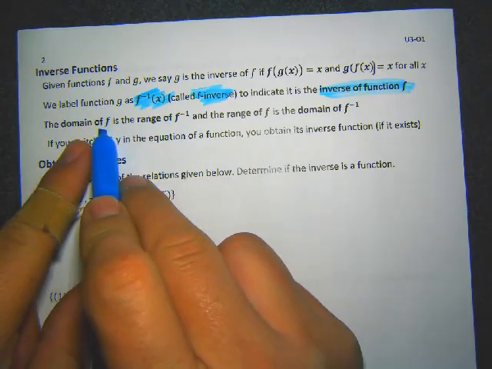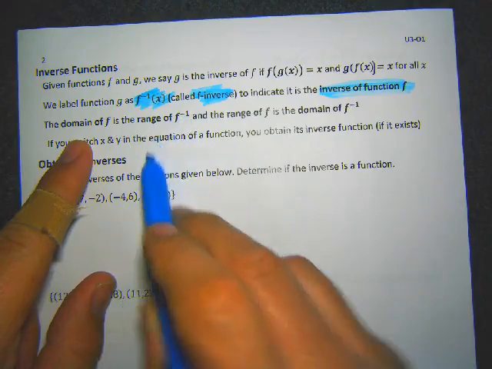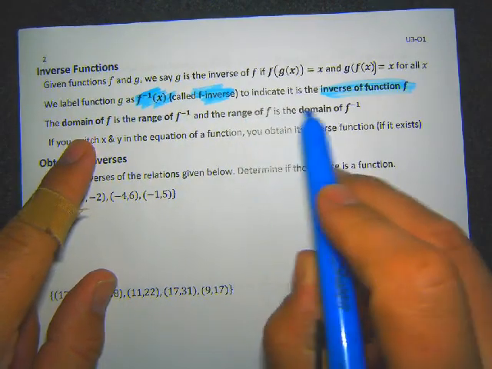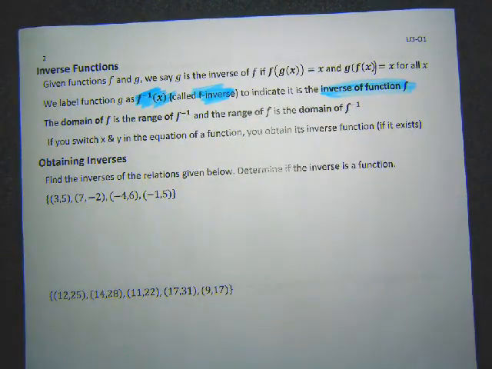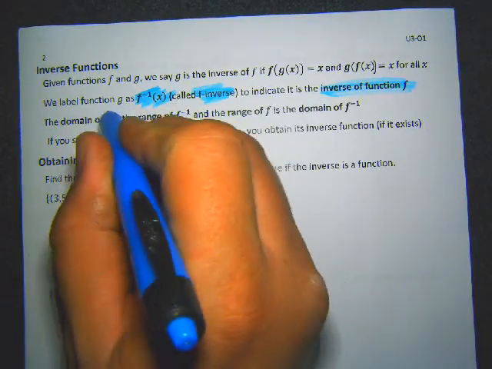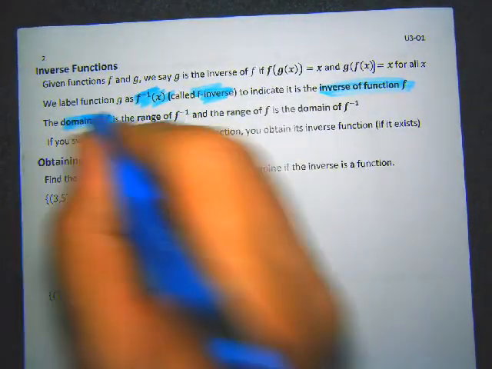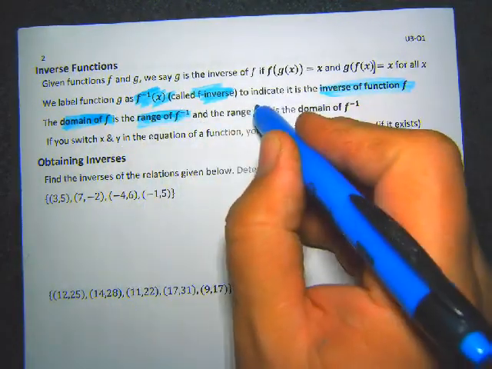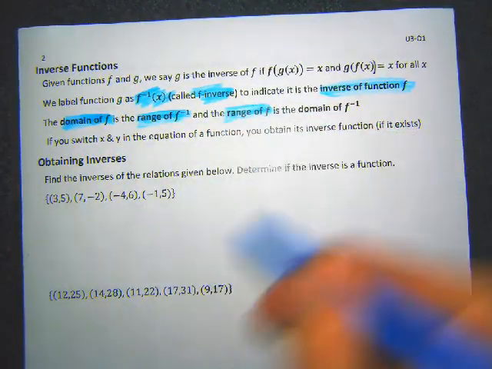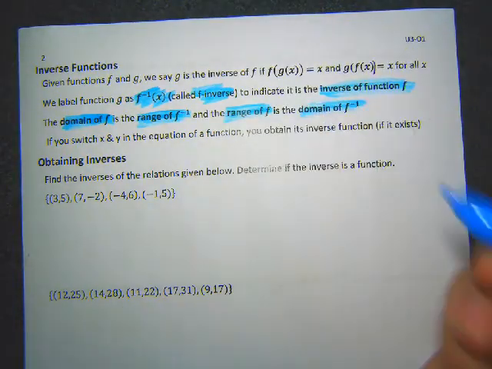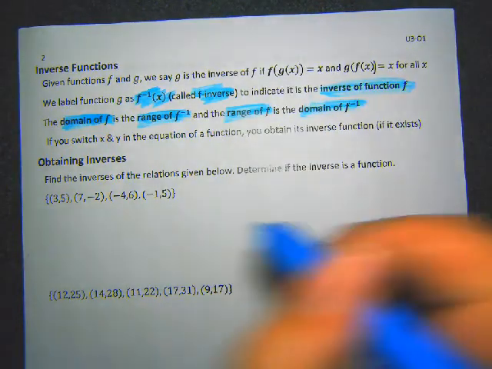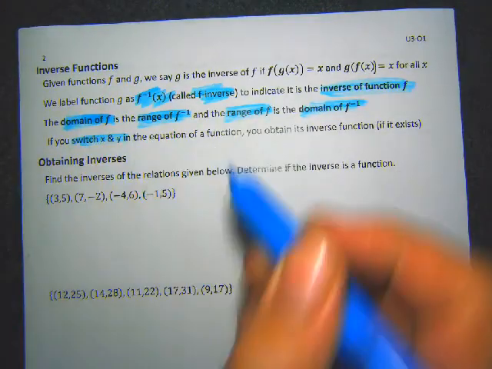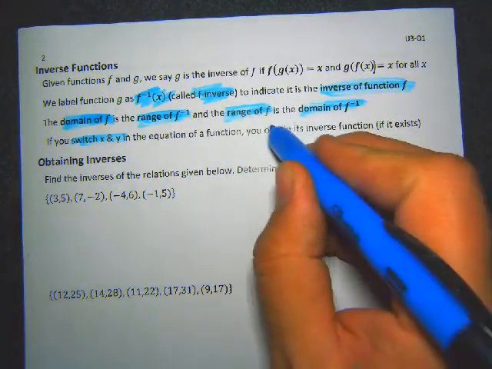So the domain of f is the range of f inverse. The range of f is the domain of f inverse. Basically, you're switching the x and y's. The x's of the f function are the y's of the inverse. The y's of the f function are the x's of the inverse. So basically, switching x and y will get its inverse.